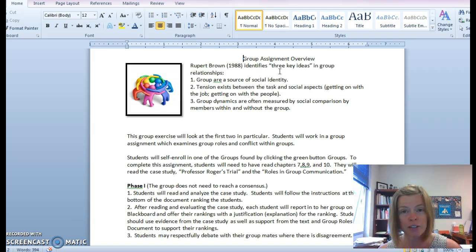A lot of it has to do with maintaining relationships, which is why chapters 7 and 8 are important, and also resolving conflict. And remember, hopefully from chapters 7 and 8, that conflict isn't always fighting. Conflict is just disagreement. And how do you resolve that disagreement? How do you keep your eye focused on the task and moving forward?